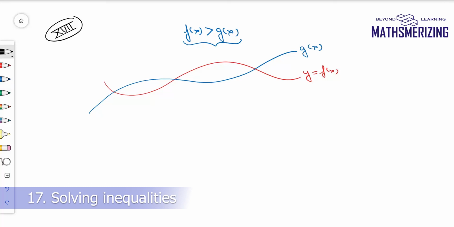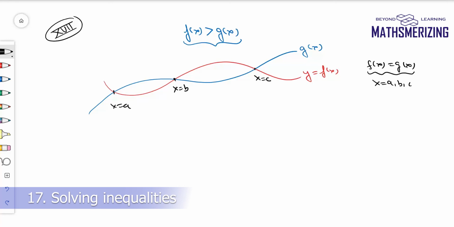In order to solve this inequality, the first thing I'll do is find their points of intersection. So I'll solve the equation f(x) equals g(x) and find their points of intersection. Suppose x equals a, x equals b, and this is x equals c.